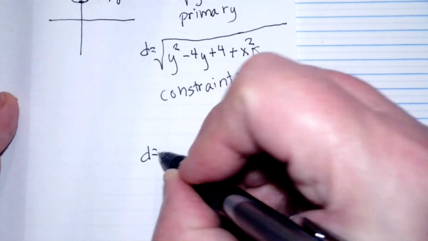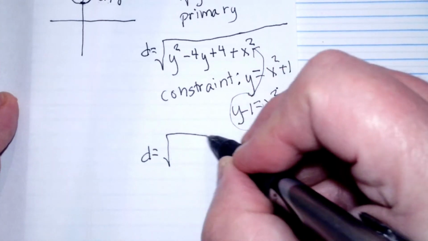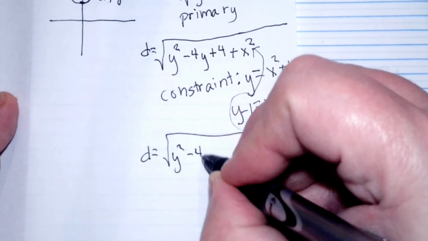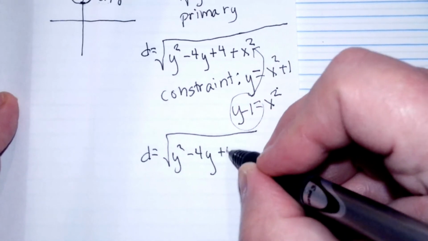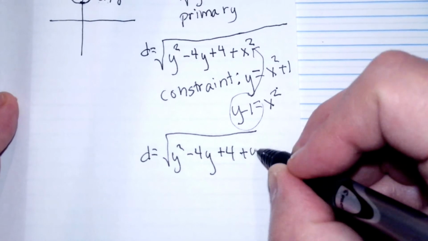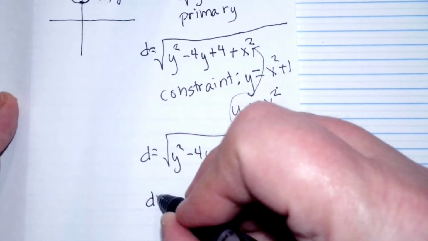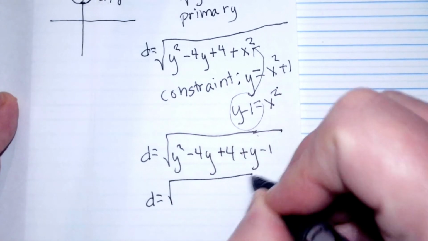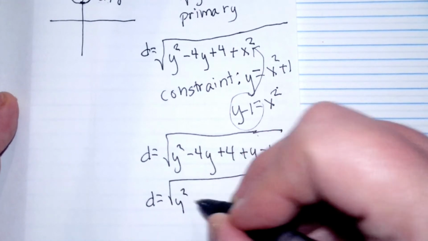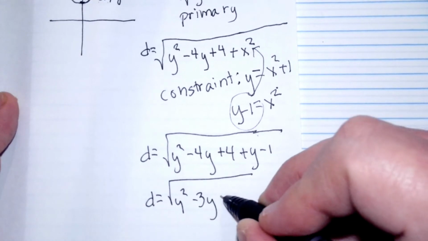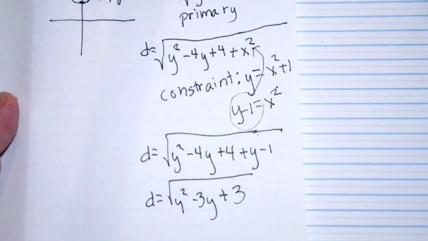So what we get is d equals the square root of y squared minus 4y plus 4 plus y minus 1. And that simplifies into the square root of y squared minus 3y plus 3.